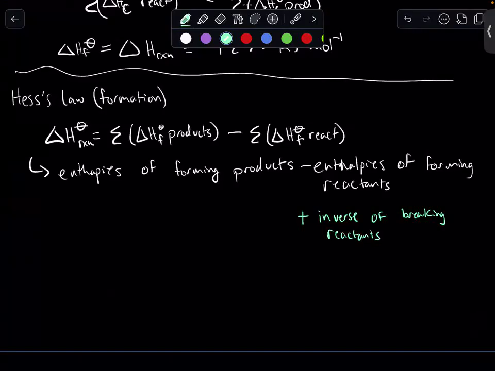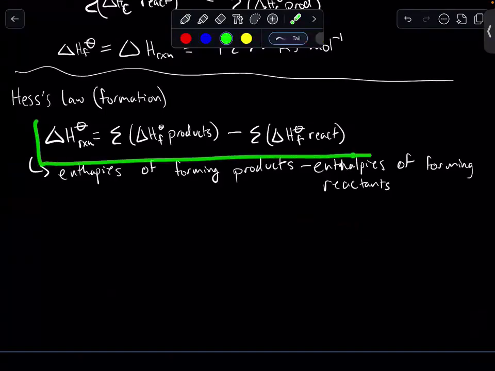So when we break reactants, we release energy, but we're trying to get that energy away from our original value. So this is why we subtract our reactants. That might be a little bit confusing. I'll leave it on the chopping block. You can just use the equation given in the data booklet.